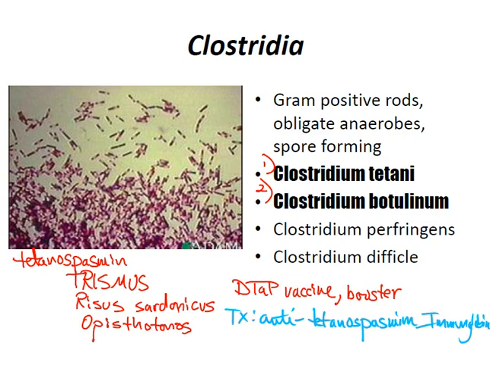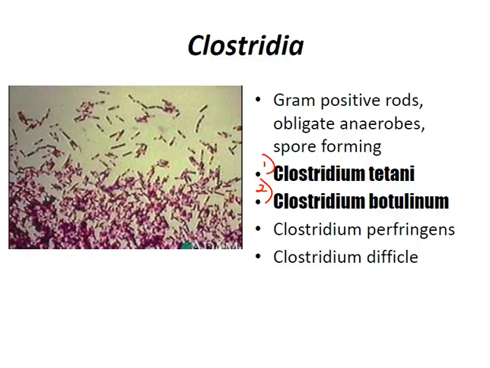So what about Clostridium botulinum? Well, Clostridium botulinum secretes a neurotoxin that blocks acetylcholine release at the neuromuscular junction.